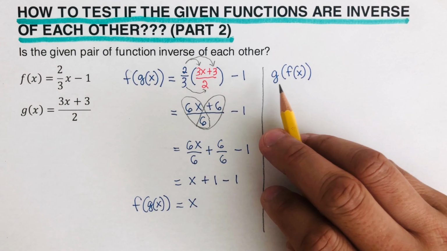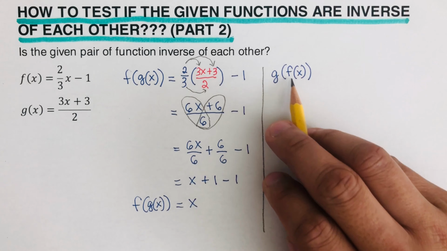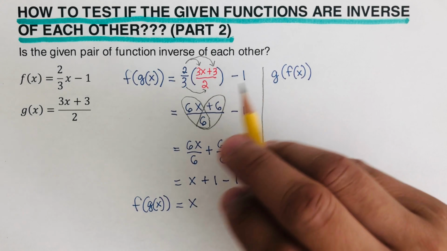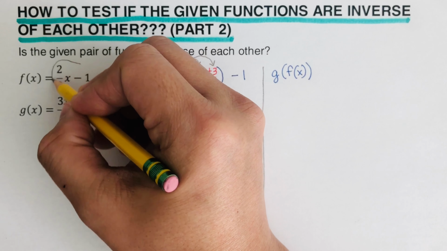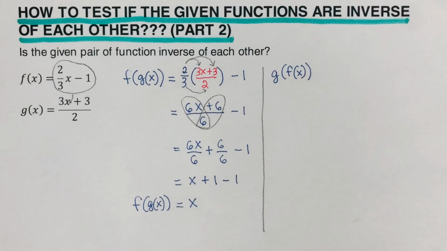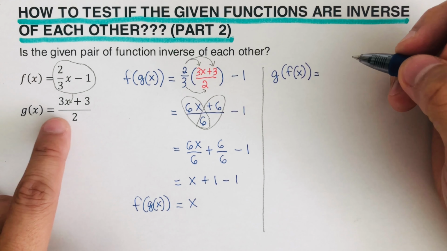Okay, in order that we can compose this g of f of x, what's going on here is that the f of x will be placed into the g of x. So this f of x right here will be placed into the x of the g of x. So then our equation would come out. We're going to write the g of x first.